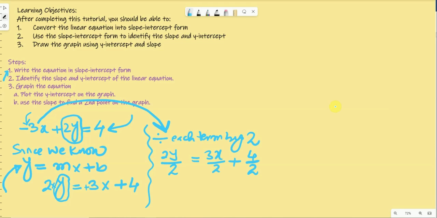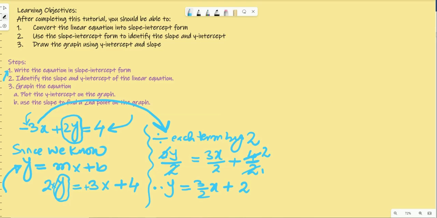Let's simplify this. This 2 will be cancelled with this 2, and we will get y. 3 cannot be cancelled by 2, so it will be as it is, 3 over 2x. And 4 can be cancelled by 2, so 2 times 2 is 4, and 2 times 1 is 2. So we got 2 here.